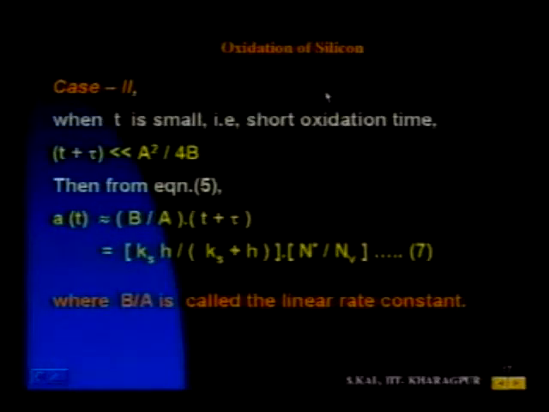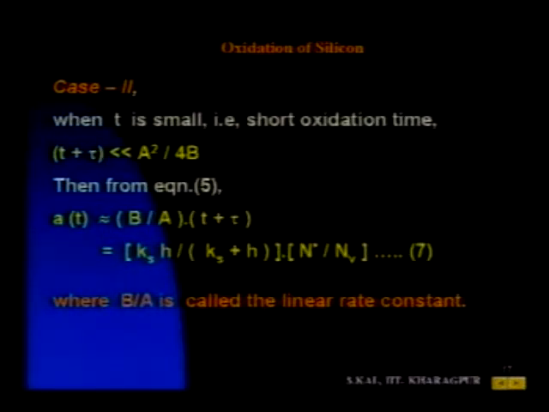And another very interesting point is that when t is very small, the oxidation mechanism is controlled by the surface reaction rate constant, that is b by a, which contains Ks, you see Ks. That is obviously at the very beginning. So the surface quality or surface condition will have a major role to decide the oxide growth process.